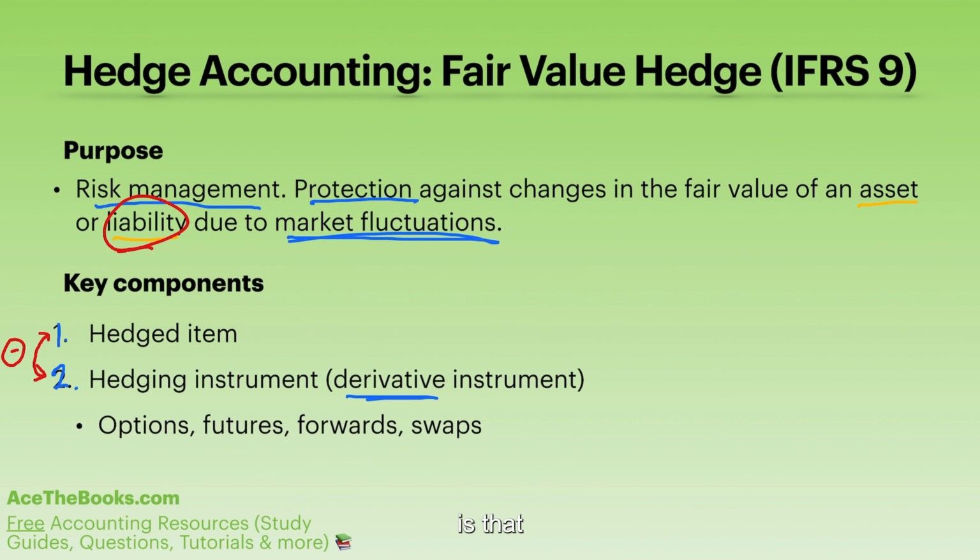What this means is that if the fair value of the liability that the company is hedging increases in fair value, you would expect that the corresponding hedging instrument decreases in value when that occurs. So these movements effectively offset each other, and by doing so, this reduces or eliminates the fluctuations that would otherwise occur.